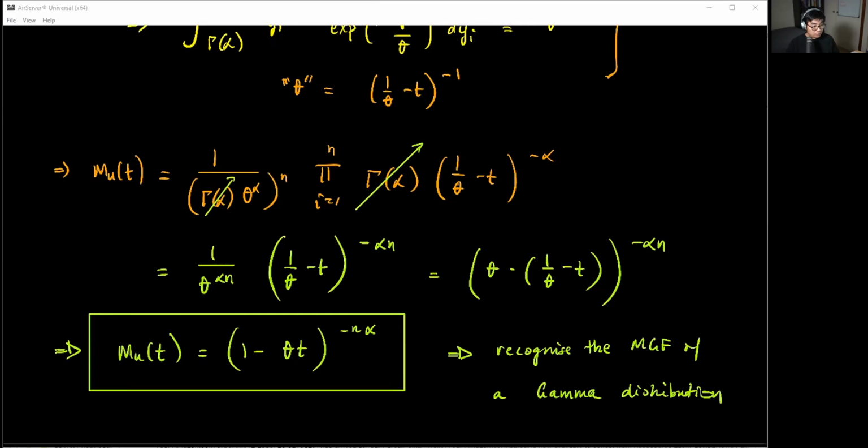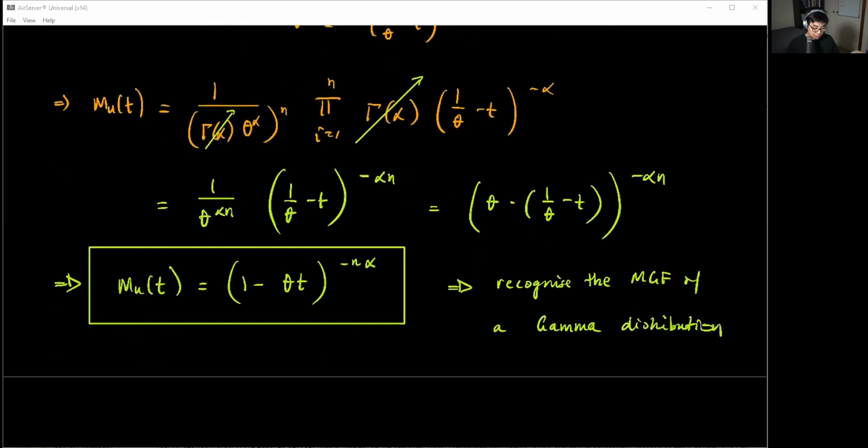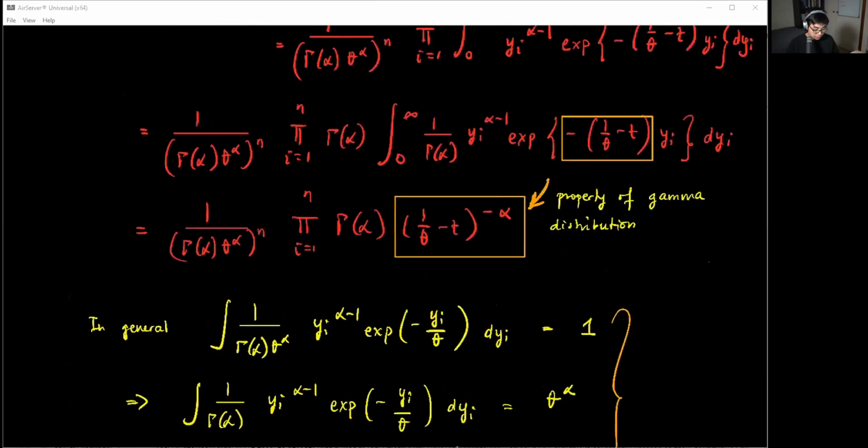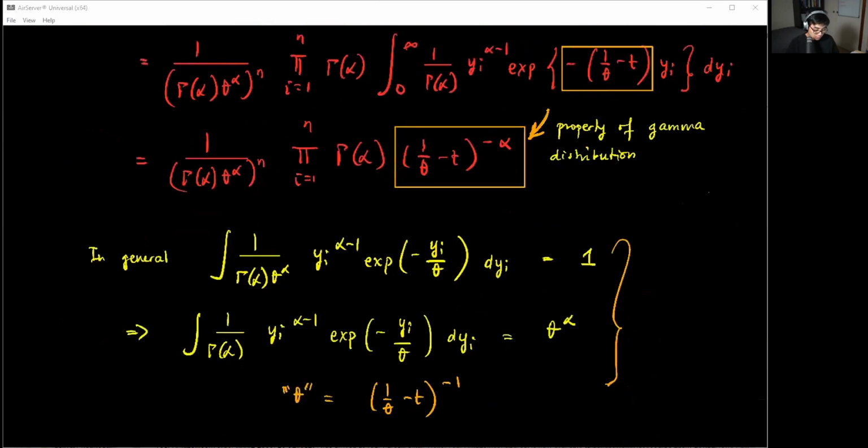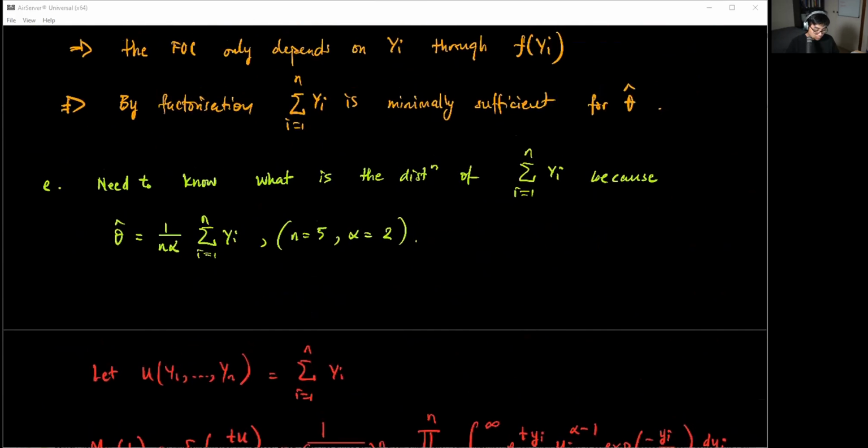So what can we do from here? We can see that, because where are our original parameters? n is equal to 5 and alpha is equal to 2.